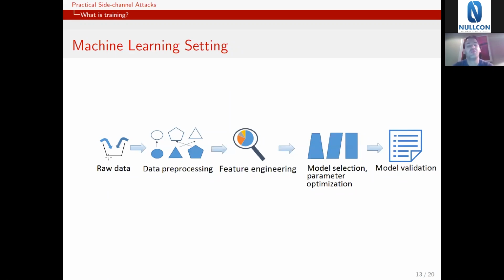Then there will be some data pre-processing, then feature engineering, then model selection and hyperparameter tuning, and finally model validation, which maps to really doing the testing, or in side channel terms, doing the attack. And we will try to cover all the phases except how to obtain raw data.